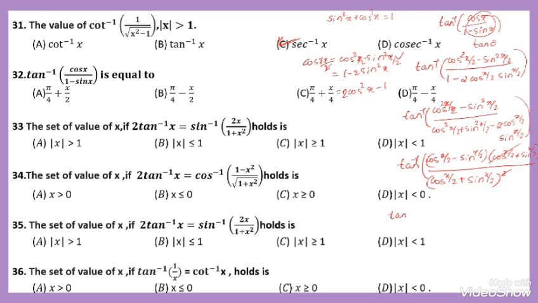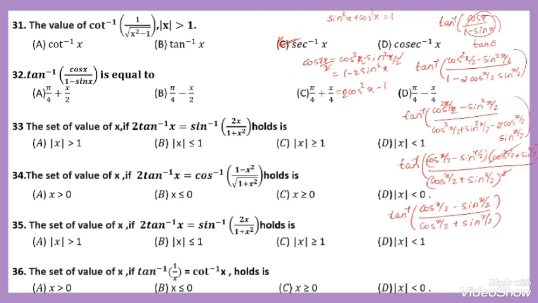We have tan inverse of cos x by 2 minus sin x by 2 divided by cos x by 2 plus sin x by 2.